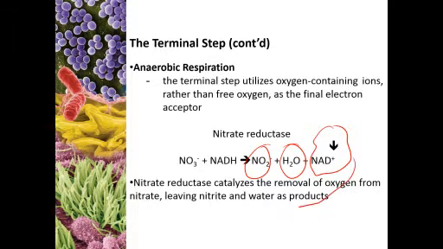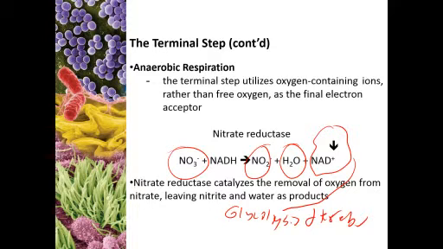They can go back to glycolysis and Krebs and pick up more electrons. So in this case, the final electron acceptor isn't oxygen, but nitrate. This is an anaerobic respiration process.